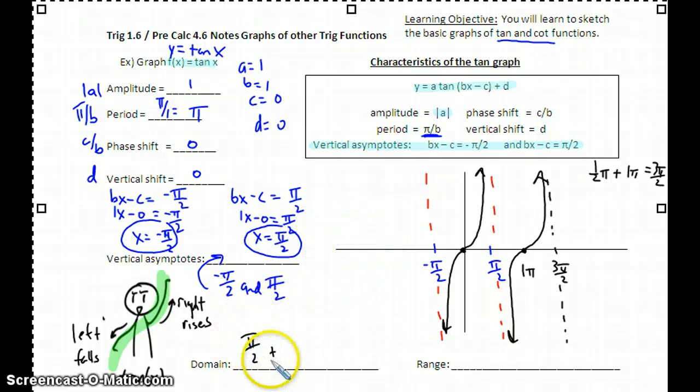So we would say that it's pi over 2 plus or minus some multiple, which we'll use as n, of pi. That would be the x values that would work. The range, on the other hand, since the graph is continuously rising here and continuously falling here, would be all real numbers.